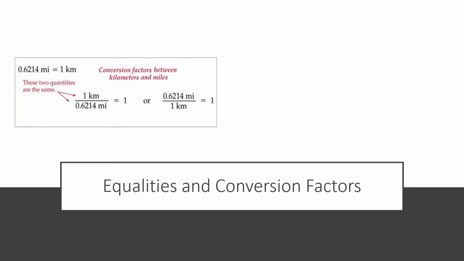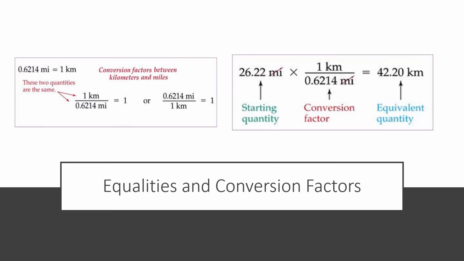Now putting these in conversion factors is useful because when we have it in this form of 1 over the other, then when we go to convert, let's say, as we see here, something from miles to kilometers, we can ensure that our units cancel and that we get the right answer.